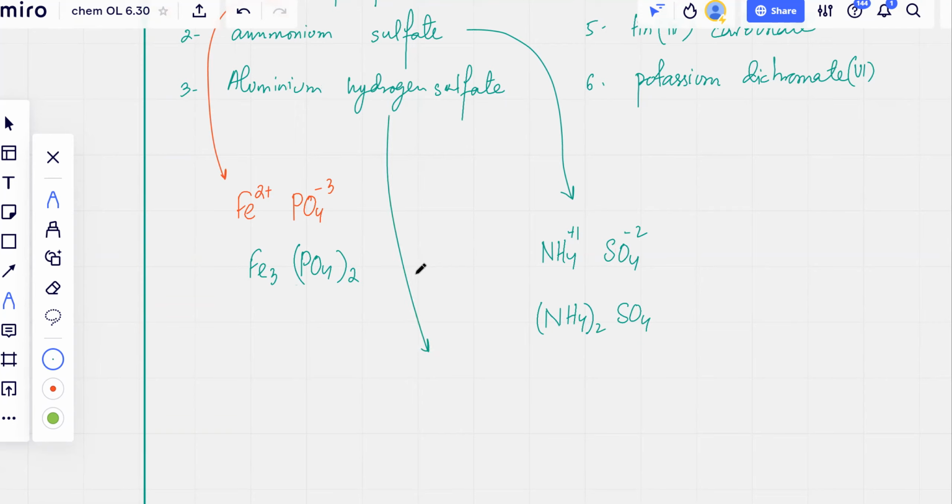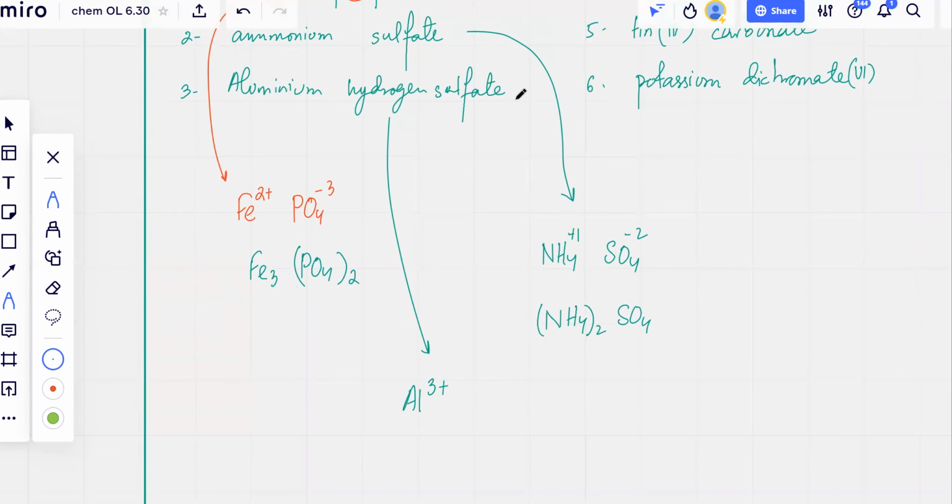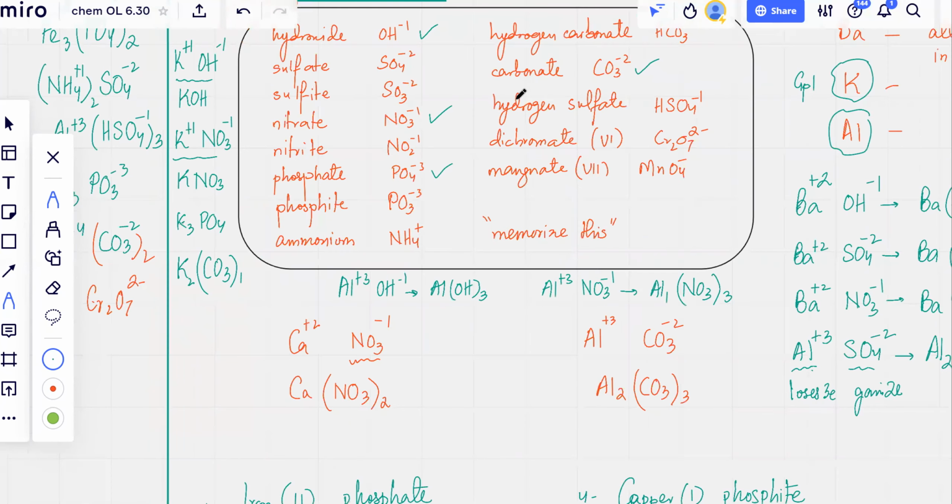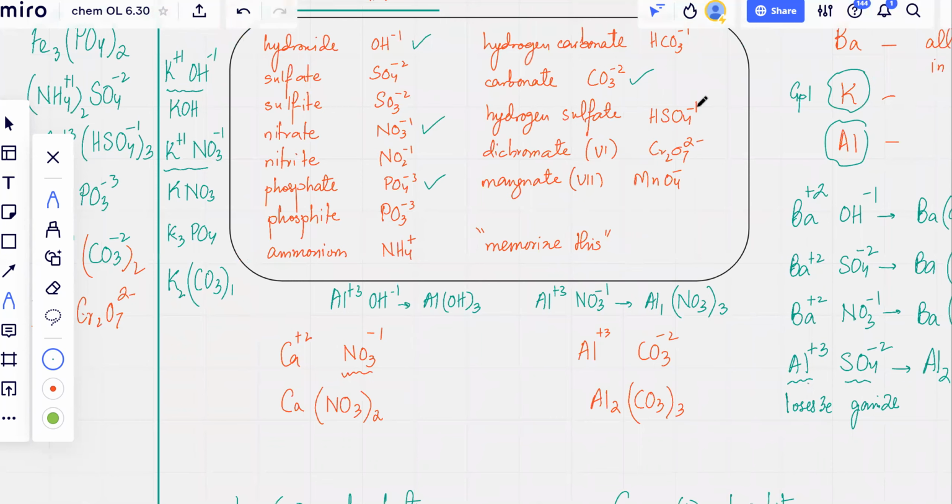Aluminium hydrogen sulfate. Can anyone tell me what aluminium hydrogen sulfate is? I've sent you the board link as well. You can open the board at your end as well. Al is in group 3, it's 3 plus. What is hydrogen sulfate? It's this one over here.